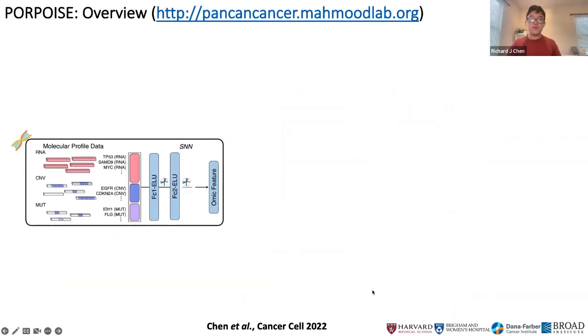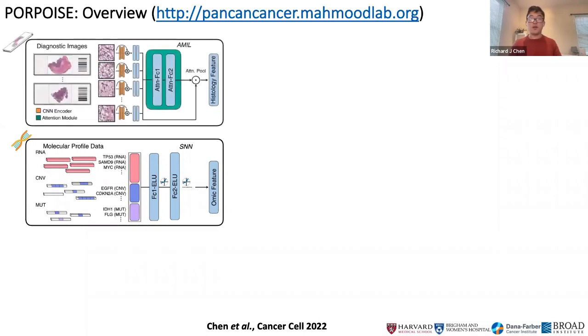So this is an overview of the Porpoise work. For molecular data, we use genomics, including mutation, copy number variation, and RNA-seq data, and for processing genomic data we just use feed forward layers.